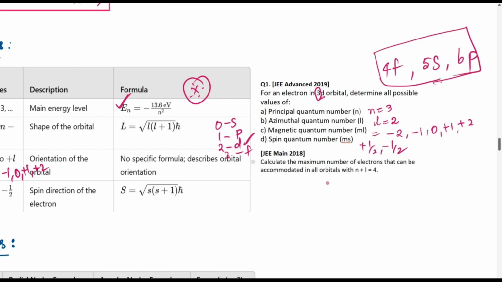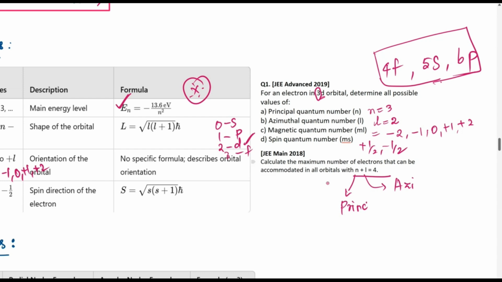Then: calculate the maximum number of electrons that can be accommodated in all orbitals with n plus l is equal to 4. What is n plus l is equal to 4? n is the principal quantum number, l is the azimuthal quantum number, right?